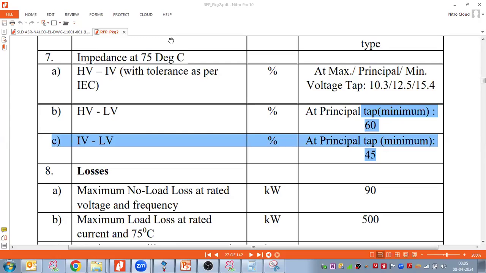If I come to know, I will let you know. Generally it goes to the center phase, but for the R phase and B phase, I have not seen it. Some distribution manufacturers provide it in the R phase, sir.